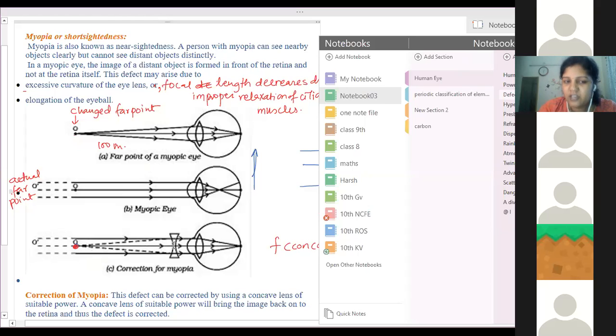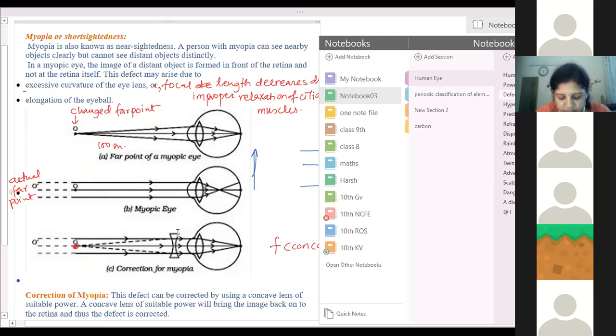Then the spectacle forms the image at O. Then from this O, the rays will fall on the eye lens and the image is formed on the retina. Clear? Able to understand? Yes, ma'am. So this is the function of the spectacle.